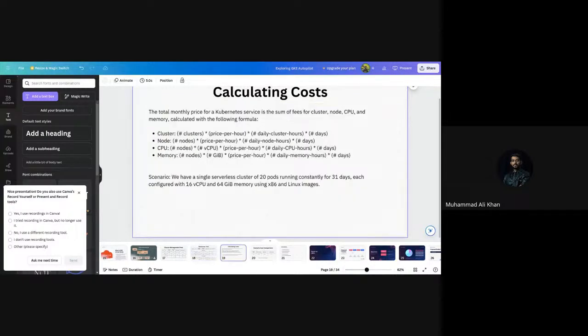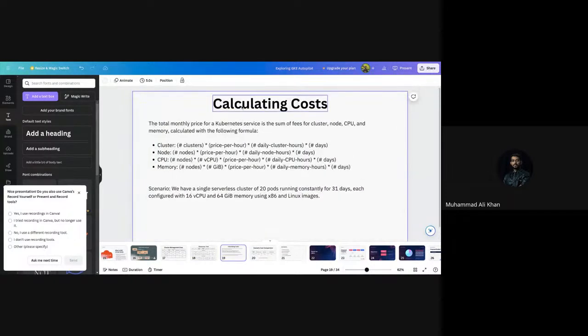So, for example, I have created a formula here: X number of clusters per price per hour and daily cluster per hour.